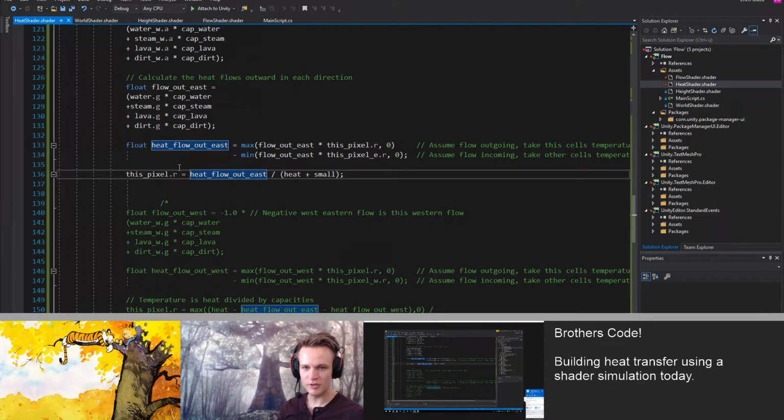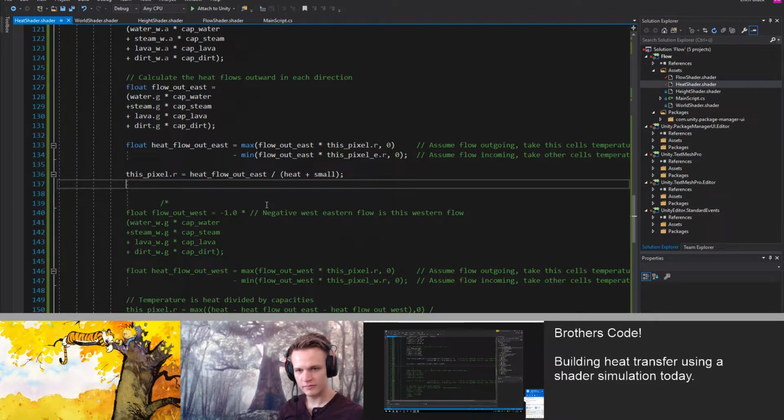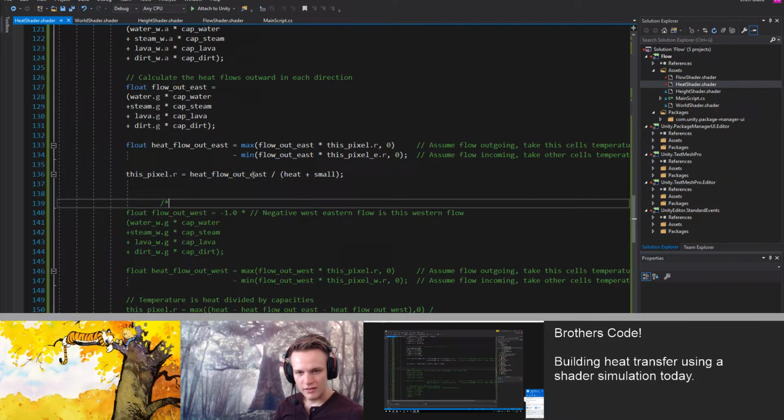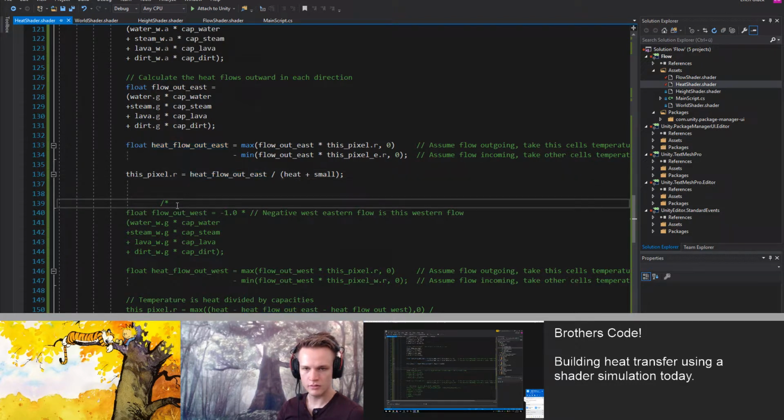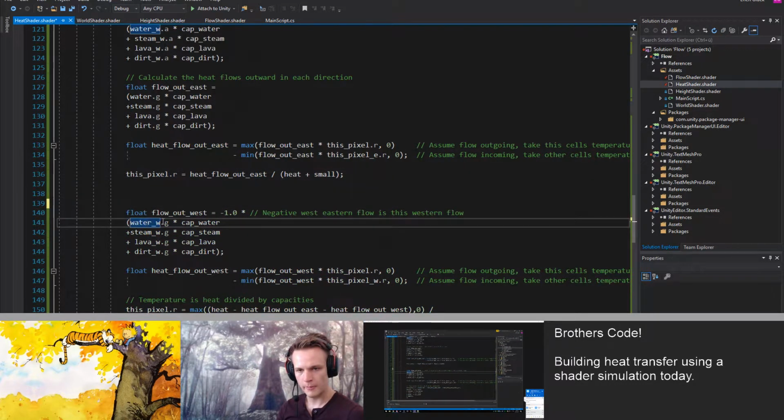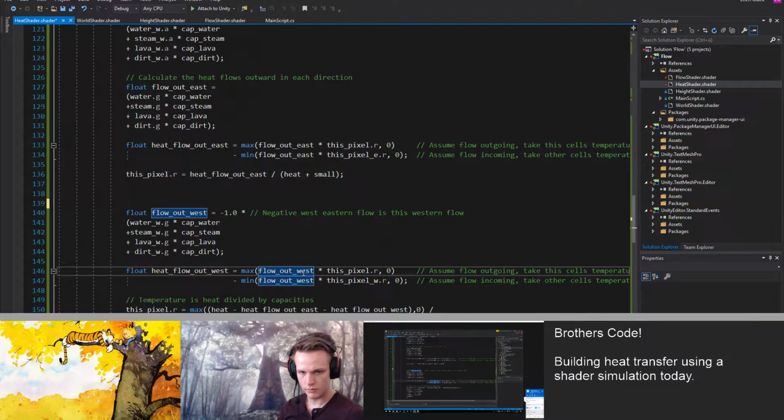Okay, so what were you going to do next? I don't remember. Let's see. Do we get the orders correct on these, like for the heat flow in the alternate direction? Or the counterflow, I guess. Is the western east flow negative? Yeah.